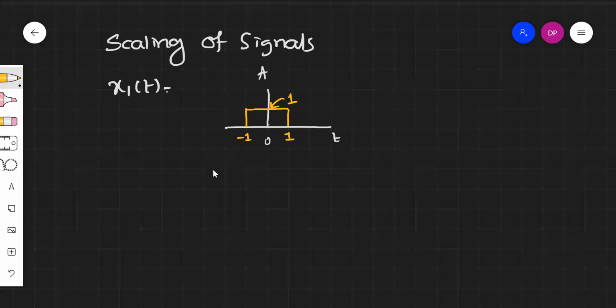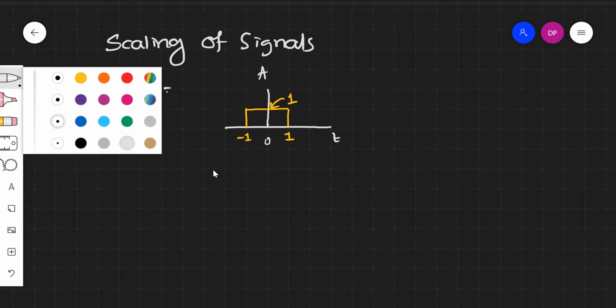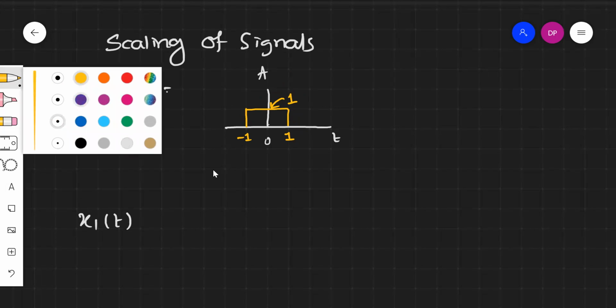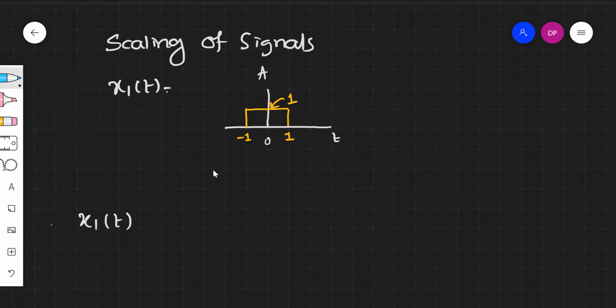I would like to scale the signal in amplitude. So I have x1 of t, and I am going to multiply it by a scaling factor. Let's say the scaling factor is a naught. So I have multiplied a scaling factor here.